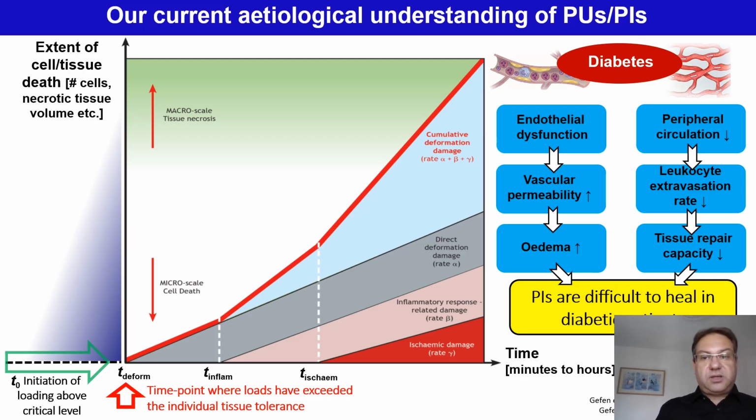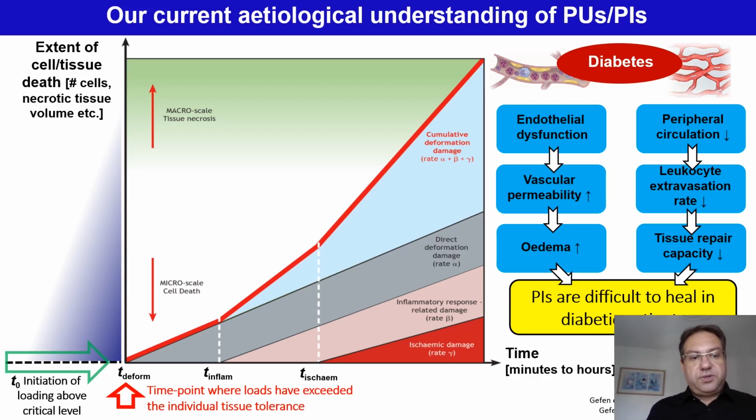In diabetes particularly, there is also lower tissue repair capacity because there are fewer white blood cells and other tissue repairing cells due to the compromised perfusion in these patients, which is why pressure ulcers are so difficult to heal in diabetes.